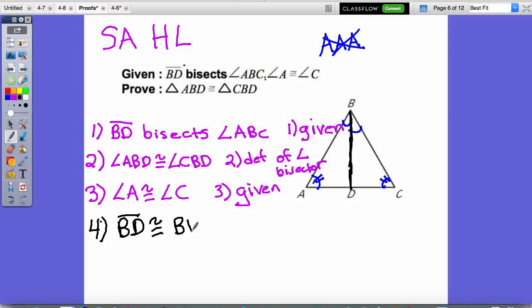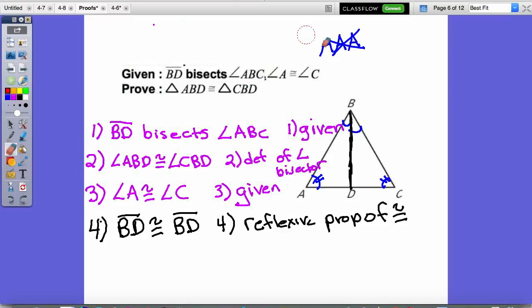So I want to keep the order intact. BD is congruent to BD. That is reflexive property of congruence.